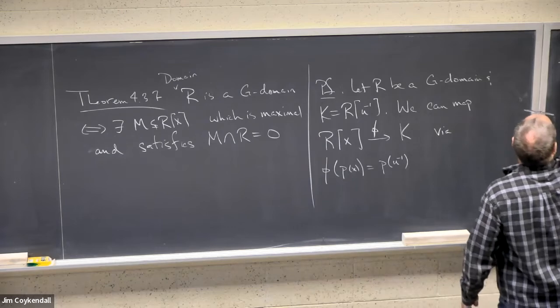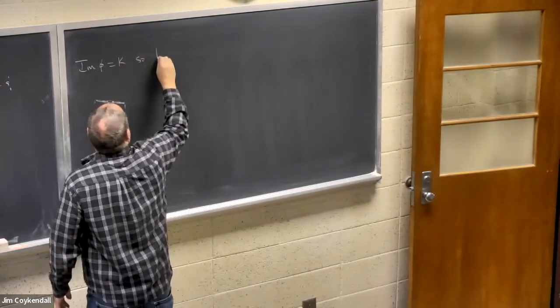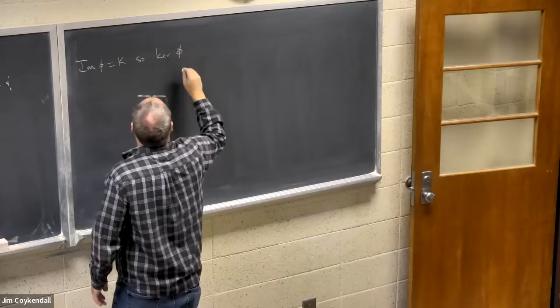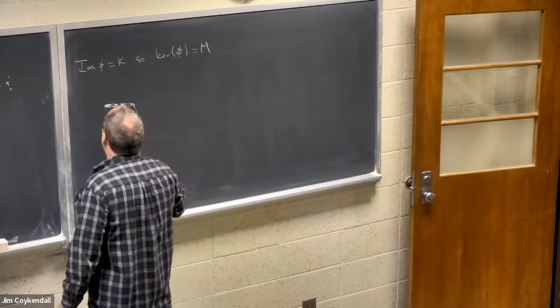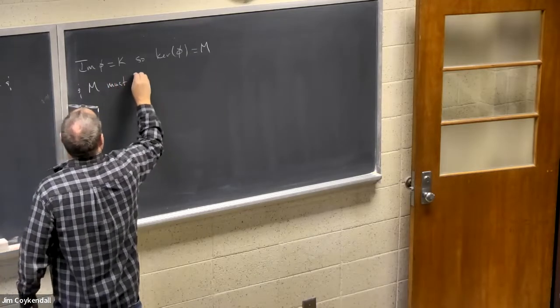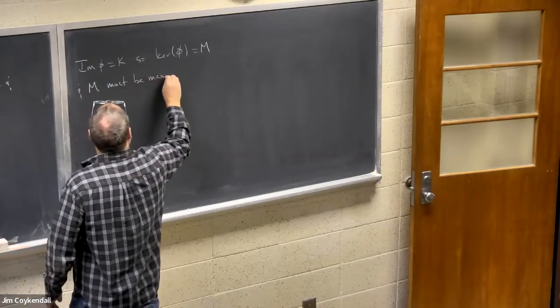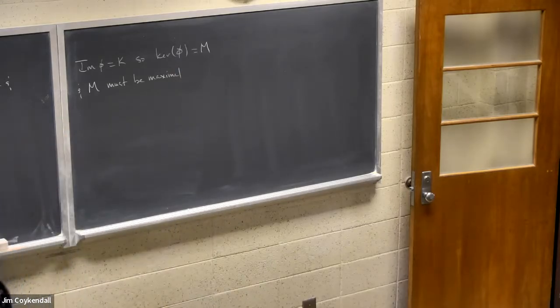The image of P is all of K, so the kernel of P is M, and M must be maximal. This is just the first isomorphism theorem: the domain mod the kernel is isomorphic to the image, and the image is a field, so it has to be a maximal ideal.